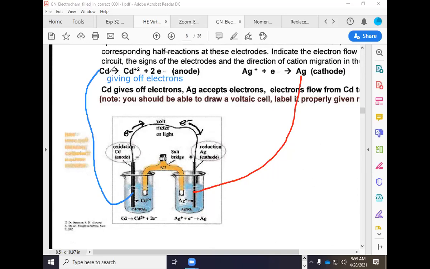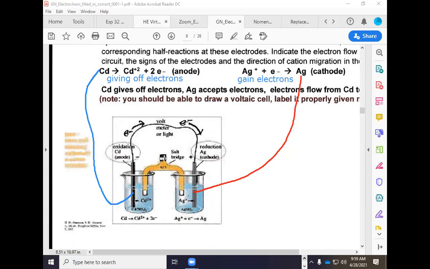If you have too much of this, you won't be able to keep going towards product. We want the cadmium to give off electrons, because look what the silver wants to do. The silver wants to gain electrons. So it's technically this piece of metal, silver, that would be gaining the electrons.